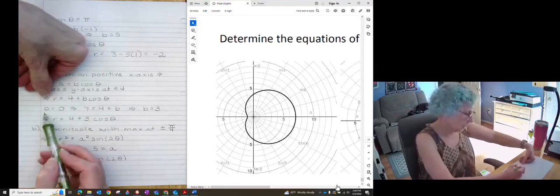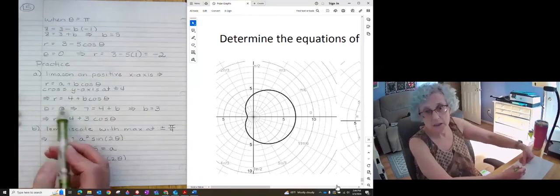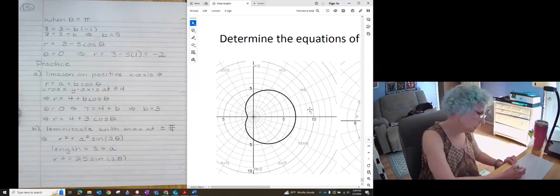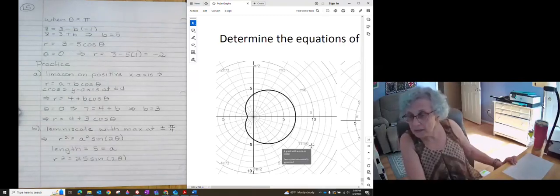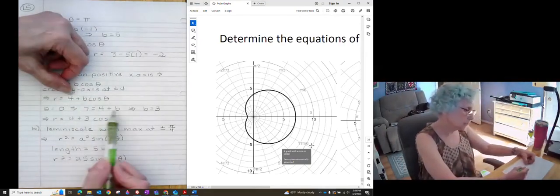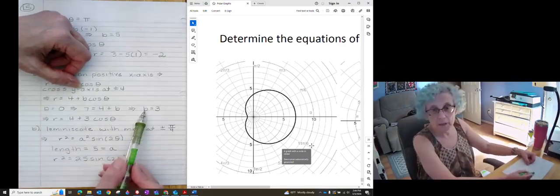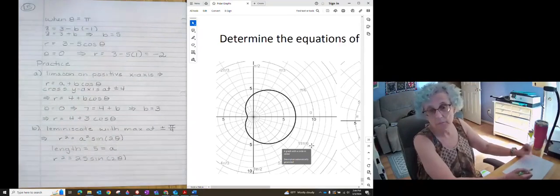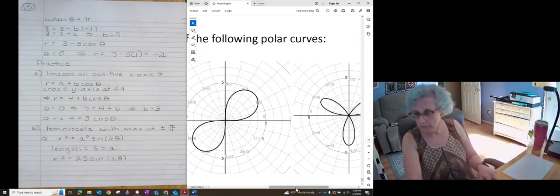If theta is equal to 0, then cosine is equal to 1. So I look at where it crosses over here on the positive x-axis, and it's at 7. So 7 is equal to 4 plus b, because cosine is equal to 1. So b is equal to 3. And you can check it by looking at Desmos.